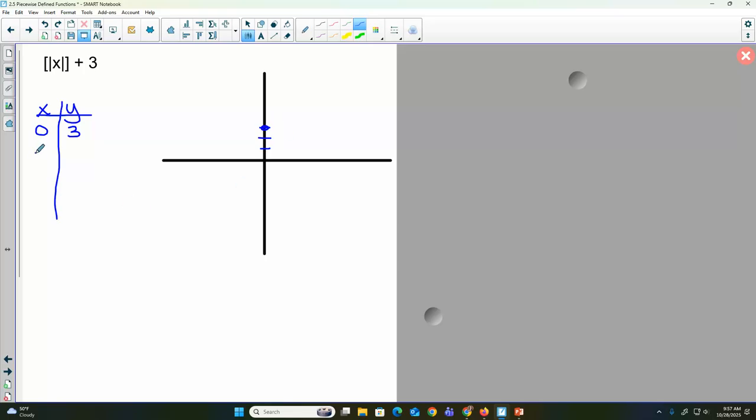If I put in 0.5, the greatest integer of 0.5, 0 plus 3, still 3. Okay, if I put in 0.9, the greatest integer of 0.9, plus 3. So I'm staying on this step. But what happens when I put in 1? Greatest integer of 1 is 1 plus 3. So when I put in 1, it jumps up to 4. So that means we put an open circle below it. And now we know what these steps look like. Closed circle on the left, open circle on the right, jumps up 1.